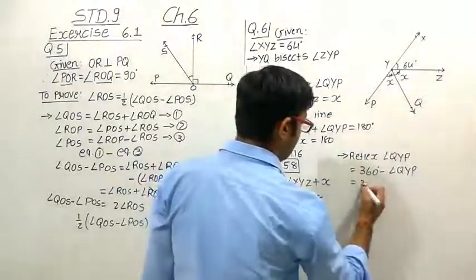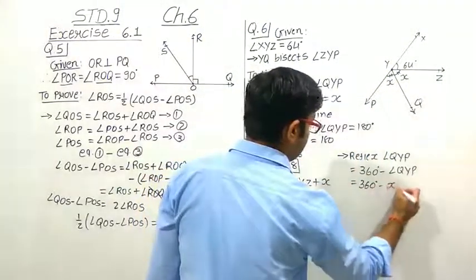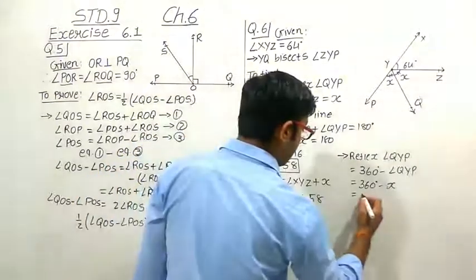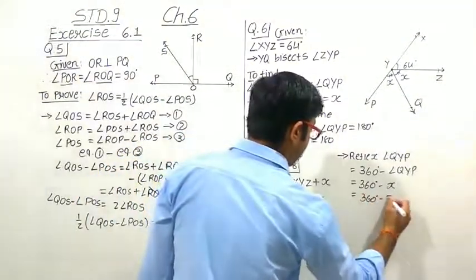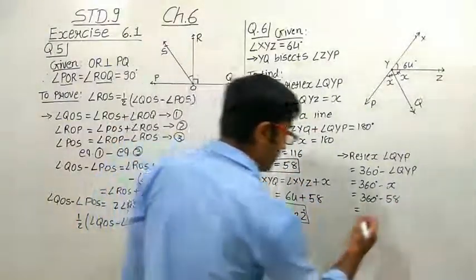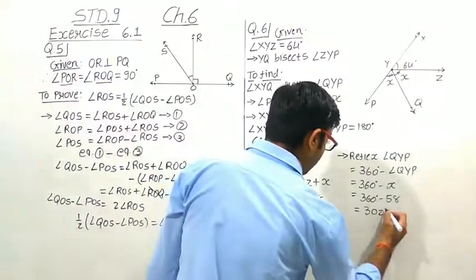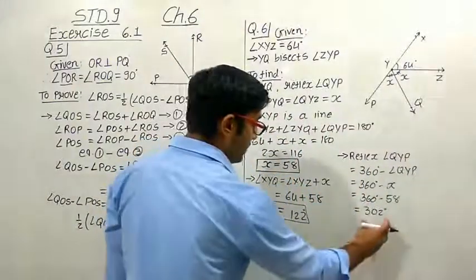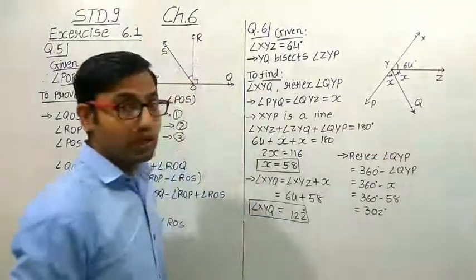X. So here 360 degrees minus X, the value of X that we have found, that is 58. So 360 minus 58 is 302 degrees. So this is the value of reflex angle QYP, and that is equal to 302 degrees.